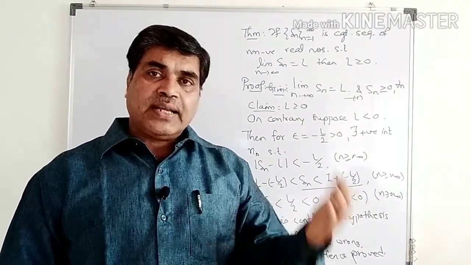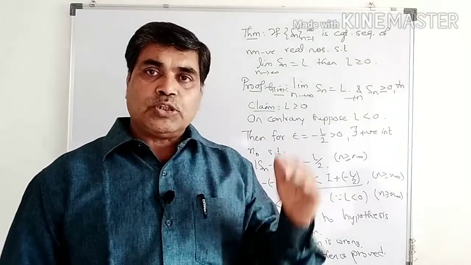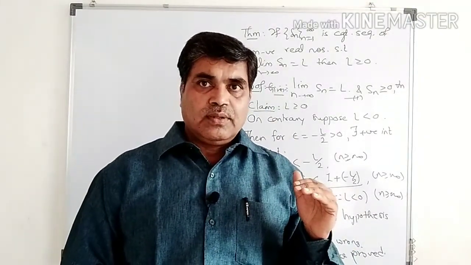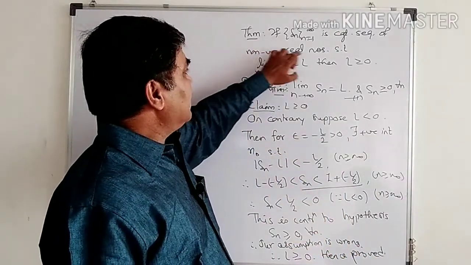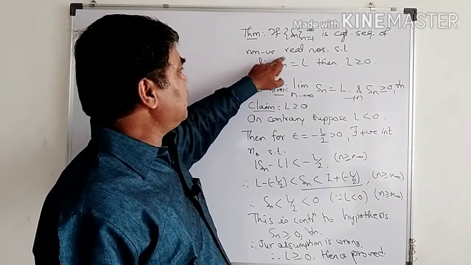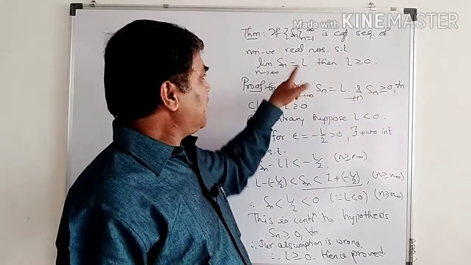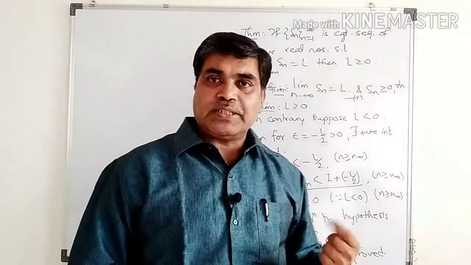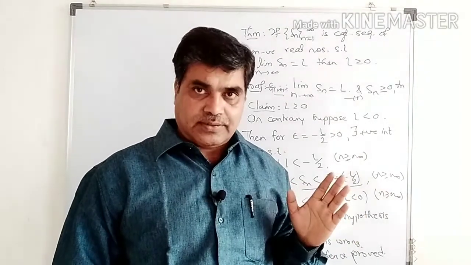Up to a finite number of terms, even though there is a variation of positive and negative terms, after 1 lakh terms suppose all Sn maintain this condition. Sn's are non-negative real numbers for n greater or equal to 1 lakh, and the limit of Sn is L, then L must be greater or equal to 0. So a finite number of terms doesn't affect the result.